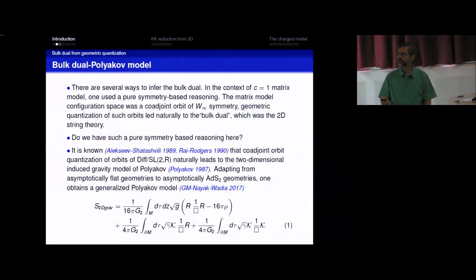This was a demonstration for asymptotically flat spaces. Adapting from this work to asymptotically AdS2 geometries, one obtains a generalized Polyakov model which has a cosmological constant and appropriate boundary terms.